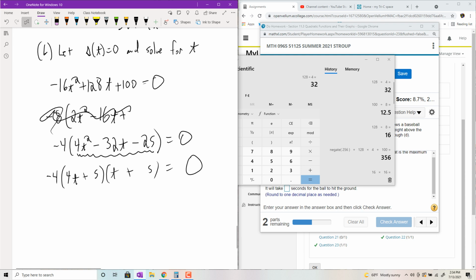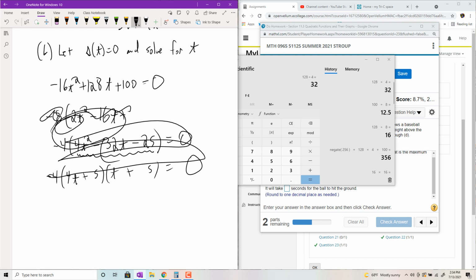No, I'm still not able to factor it. So forget all that. Let's just be safe and go back to the original. x equals negative 128 plus or minus the square root of b squared, 128 squared minus 4 times a times c, all over 2 times a.